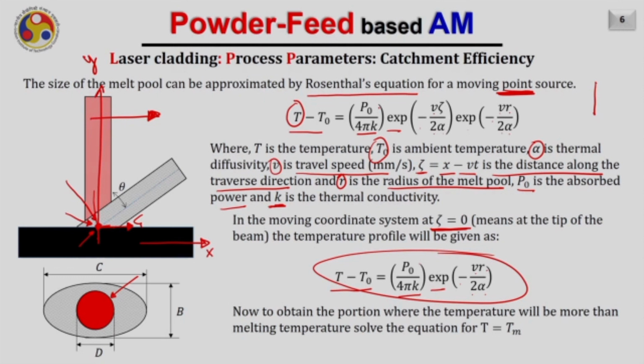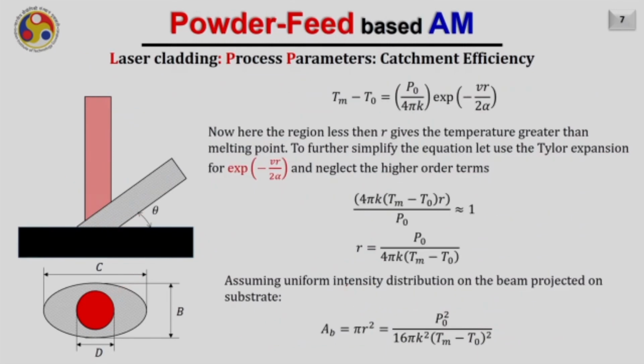Now to obtain the portion where the temperature will be more than the melting temperature, we have to solve this equation for T equals Tm, meaning we are trying to find the boundary, or the value of this R where the temperature will be greater than Tm. So let us put T equals Tm in this equation, and finally you will have this expression.